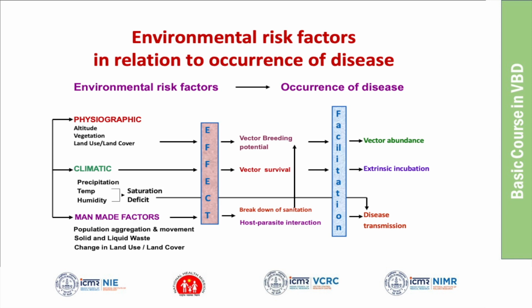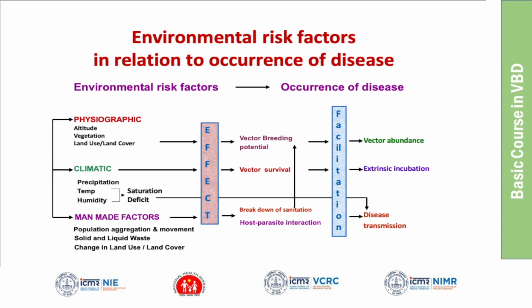The third factor is the man-made factors: population aggregation, movement, solid and liquid waste, change in land use, land cover. So these are all responsible for the host-parasite interaction, the closeness, and also the breakdown of sanitation.